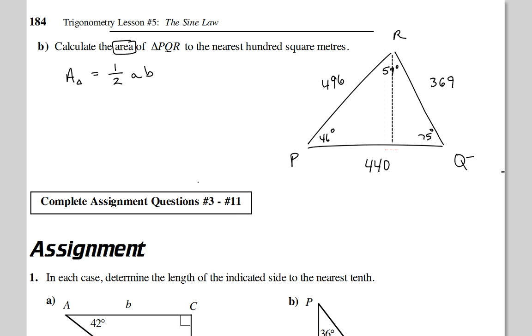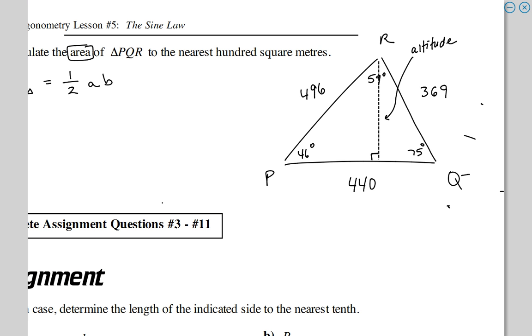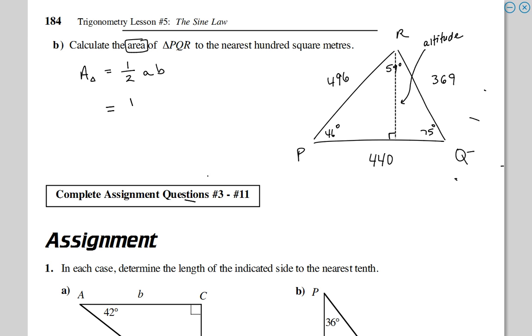And the altitude is always at a right angle to the base. So this here is the altitude. Or if you're not comfortable with that word, it's the height of the triangle. So in order to calculate the area, we need the height. It's going to be a half times the altitude, which we don't know, times the base, which is 440.